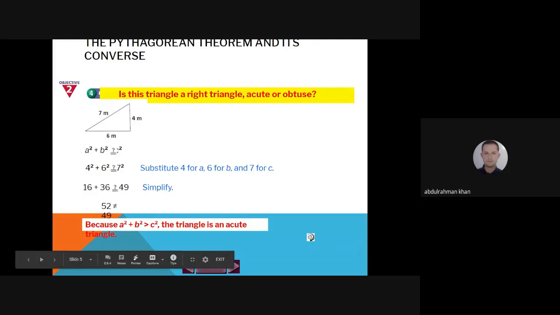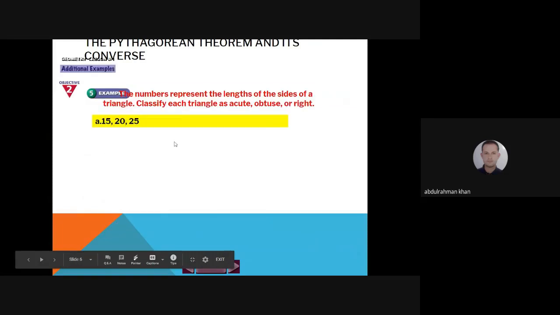Now look at another example. The numbers represent the lengths of the sides of a triangle. Classify each triangle as acute, obtuse or right. We are given this question: 15, 20 and 25. These are the side lengths of a triangle. First of all, for c we will choose 25, the greater number. 15 is a and 20 is b.